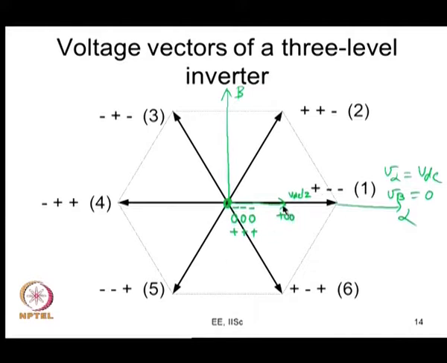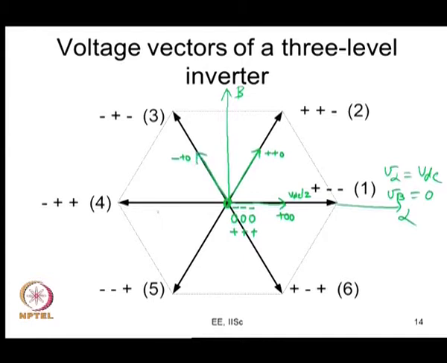So you will have half of this now. Again you look at combinations where they are connected only between plus and 0. So you get the other combinations. If you have plus plus 0, here you may have minus plus 0, that will lead to a vector like this.